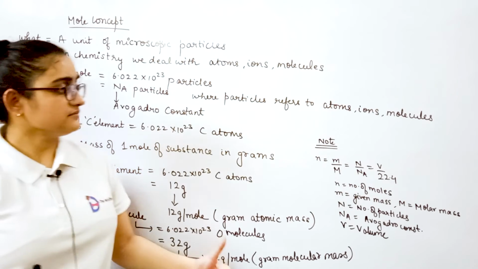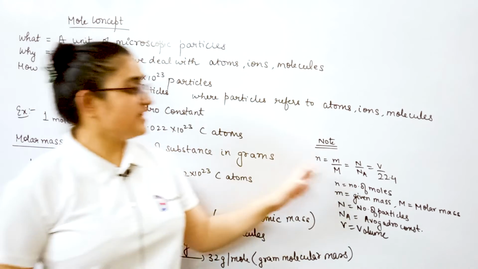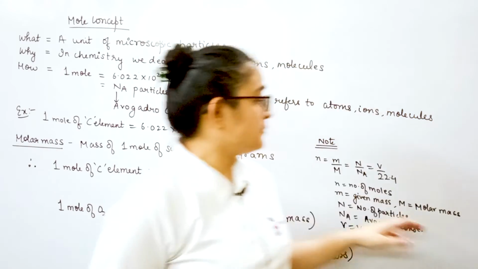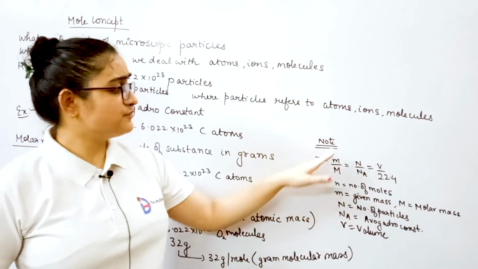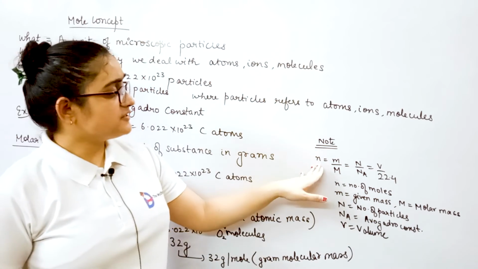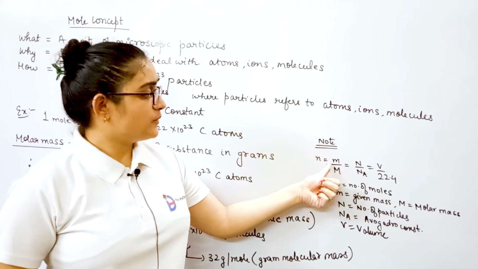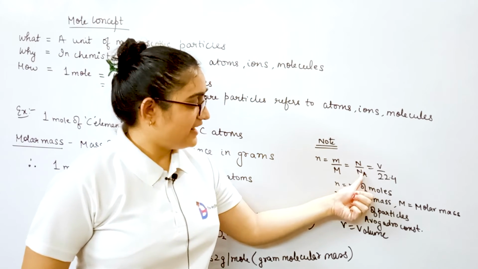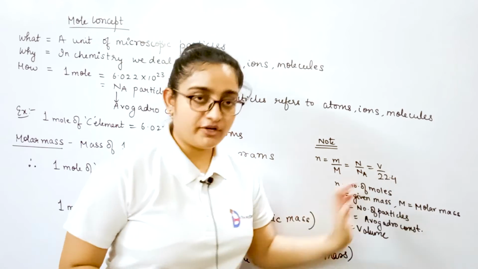Now moving to the next important concept. In mole concept, this particular formula which I have written will actually help you a lot in solving numericals. Number of moles n equals given mass upon molar mass, equals N upon Na, equals V upon 22.4.